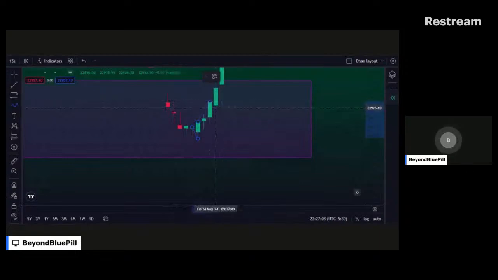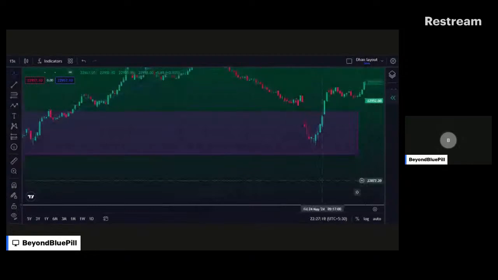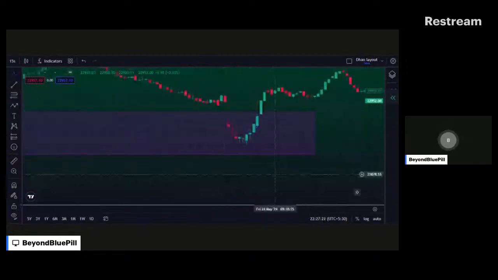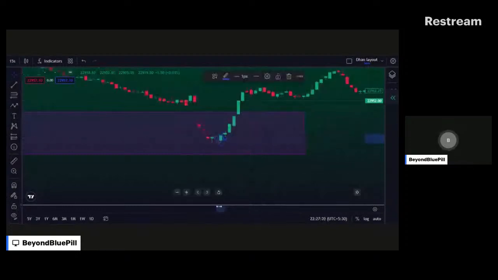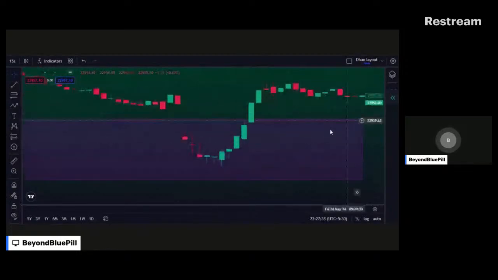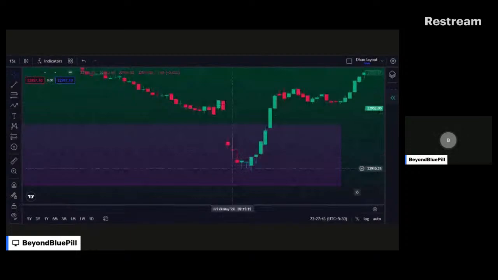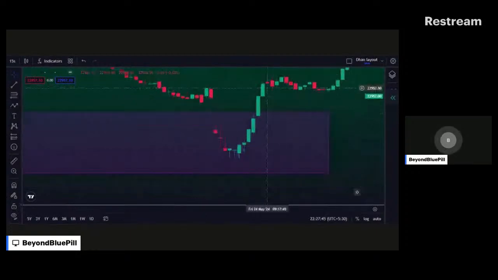So maybe I would get in here, but since my target is, okay, I'll get involved in here. With this weak form, I'd be confident that price is going up. And the whole market structure said so, but it was too fast. It was so fast.